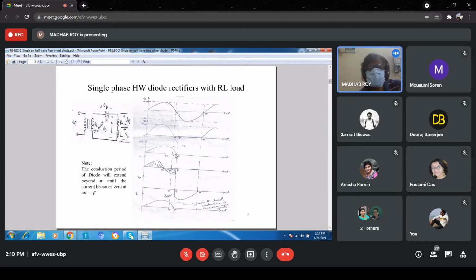VR is basically the product of the current through this load and R. So VR actually gives the flow of the current. This graph of VR basically gives the flow of the current through the load.